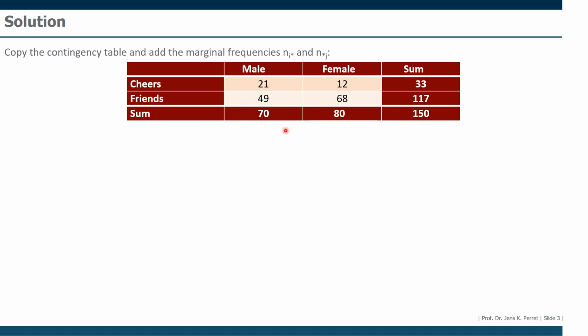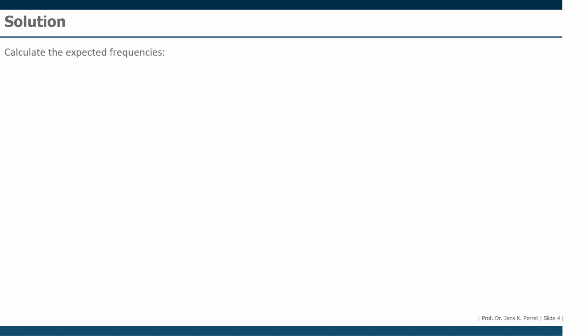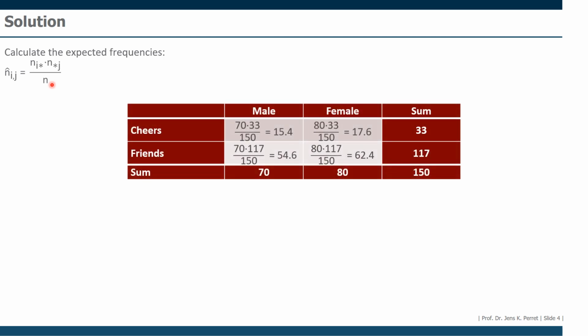And those marginal frequencies we can in the next step use to calculate the so-called expected frequencies. The expected frequencies describe the distribution if only the marginal frequencies are valid and the rest is more or less uniformly distributed. We can calculate them in a relatively straightforward way.